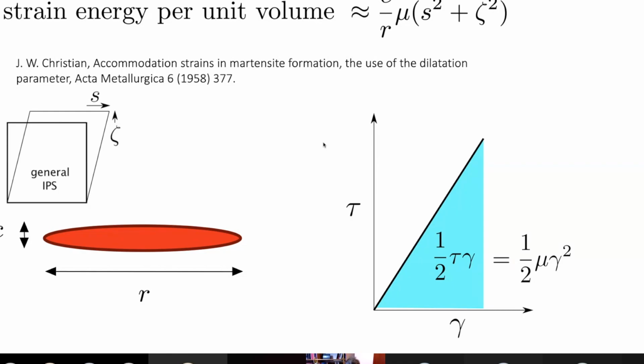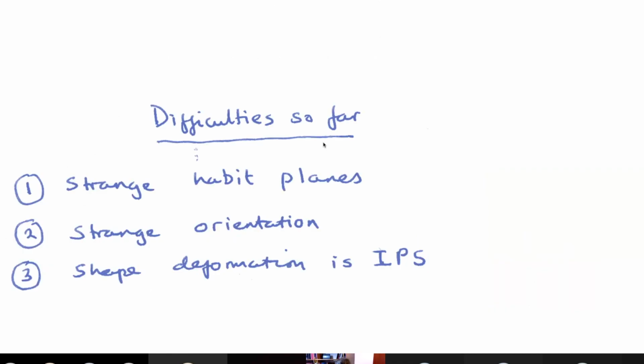Now, I'm going to stop here, but I'm going to summarize the difficulties that I have not solved as yet for the next lecture. So we have strange habit planes, like (3 10 15), and furthermore, it's not exactly (3 10 15), all right? Whereas plastic deformation happens on very reasonable planes, like {1 1 1}. We have a strange orientation in which the close-packed planes are not exactly parallel.